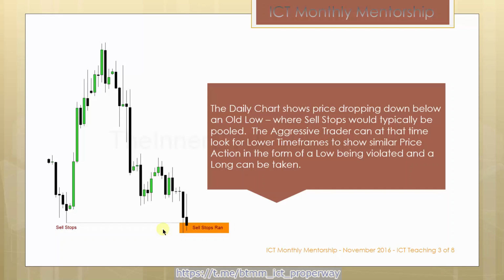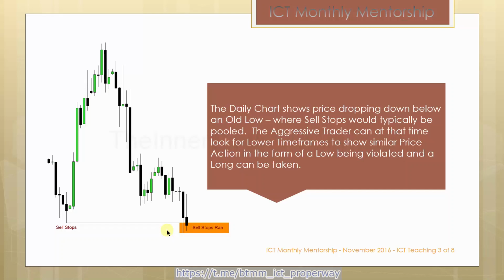So you can look into a lower time frame and actually study the price action and come to basically the same idea you're seeing here, an old low. So we would wait for short-term price action on a lower time frame to create that same scenario, which is a low being violated, because everything on price is fractal. By having that understanding and expectation, we can take a long position.